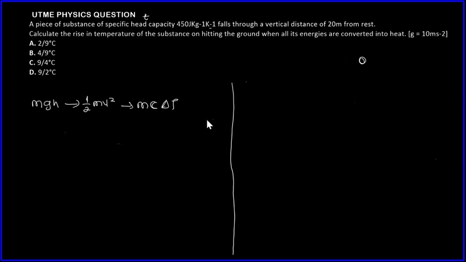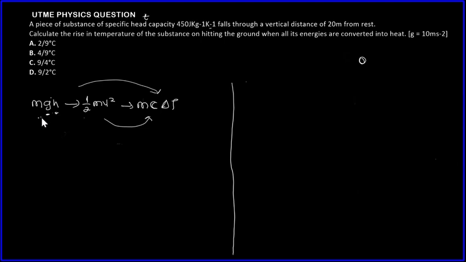This is actually the energy change. But then what we need to do to get this rise in temperature is just to choose one of these. This indirectly got converted to this, and this directly got converted to this. So it depends on the parameter that is given, which is the acceleration due to gravity, and then the height above the ground, the vertical distance, 20 meters.